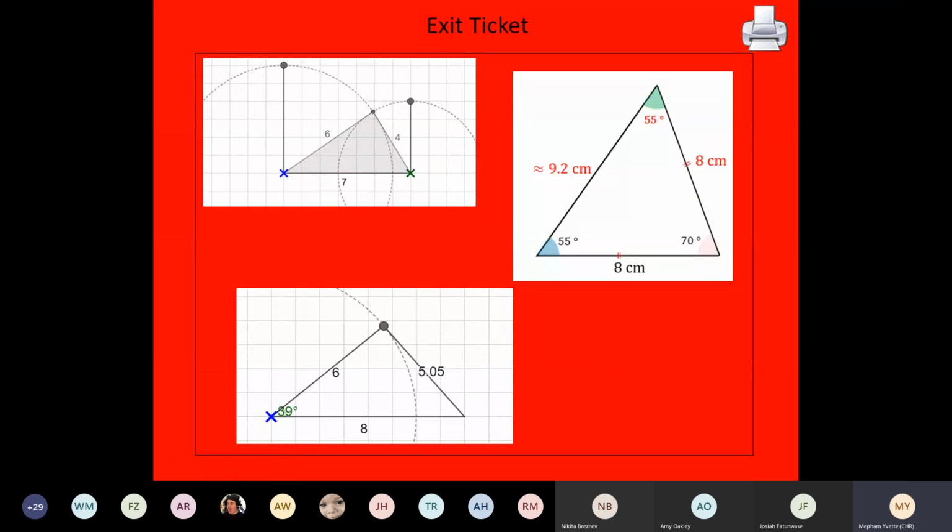So again, if you have gone through previous questions earlier from the lesson and you have worked on interior angles, this is fine. But if you have completed the exit ticket, then congratulations, because these are hard questions, especially the second one. So long as you feel like you have learned something and you've recapped sufficiently, then that is the best thing that we could have done for this lesson.